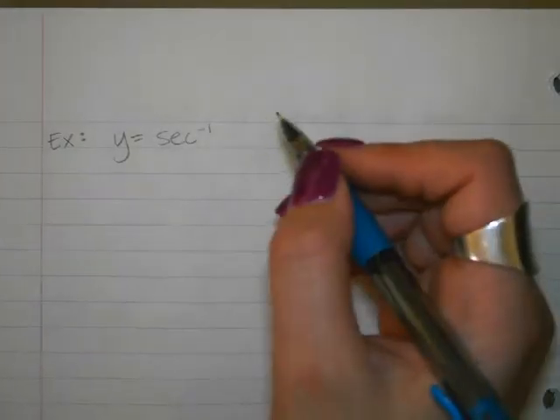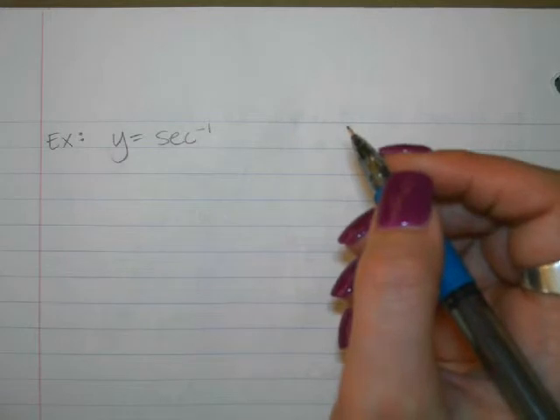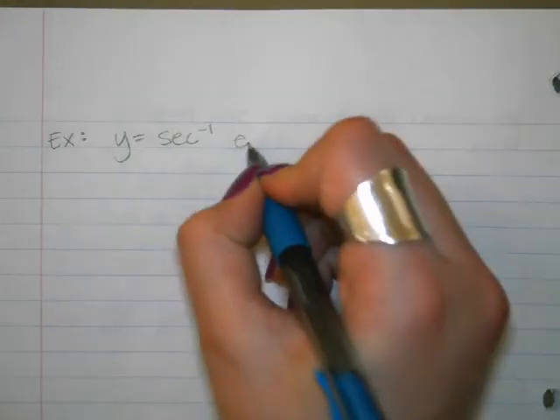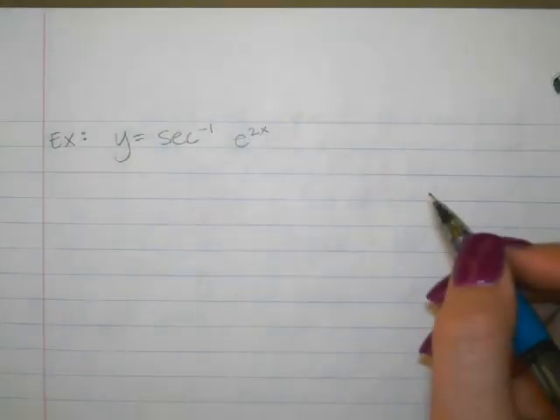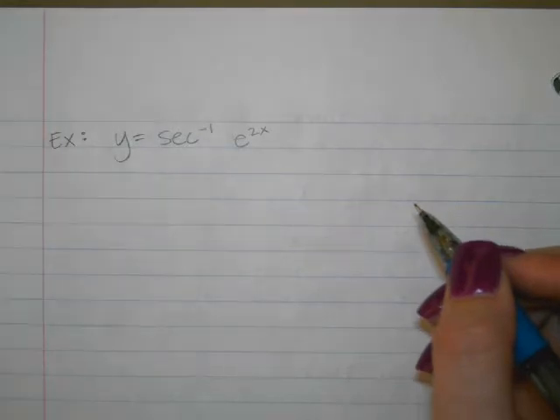I guess cos could be one, but I don't have an example for that. Cotangent and cosecant you don't see as many of those problems because we don't often take those derivatives. So secant inverse of e to the 2x. All right, what do we do first?